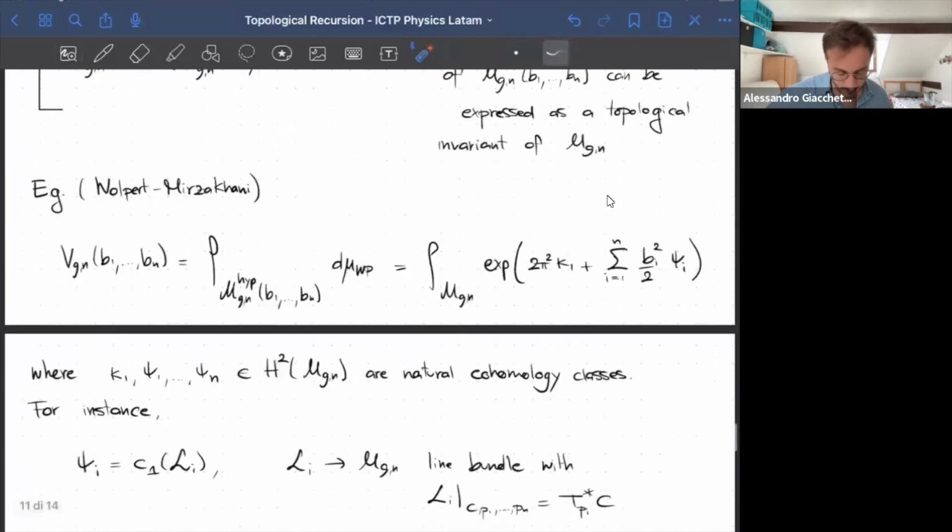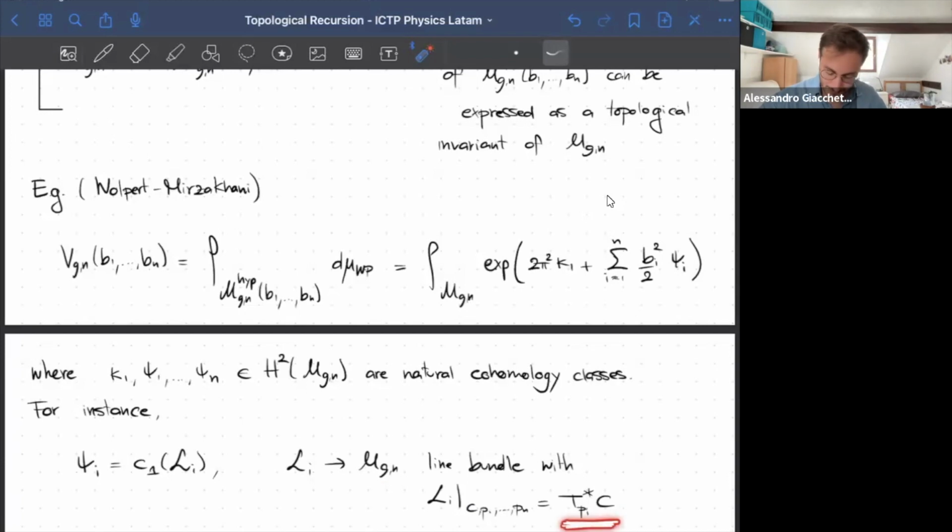So, for instance, let me briefly say what the definition of these psi classes is. Psi i is defined as the first Chern class of a specific line bundle, L_i. And L_i is the complex line bundle over M_{g,n} whose fiber over a point on the base is as follows: the fiber of L_i over a curve C of genus g with n marked points is just the cotangent space to C at the ith marked point.